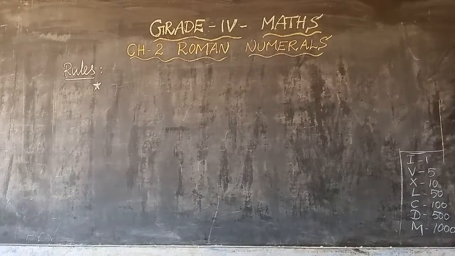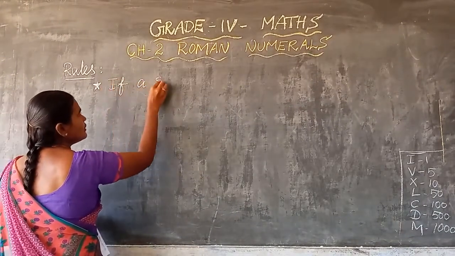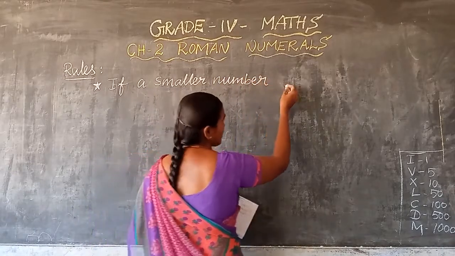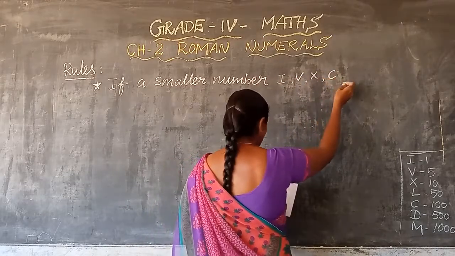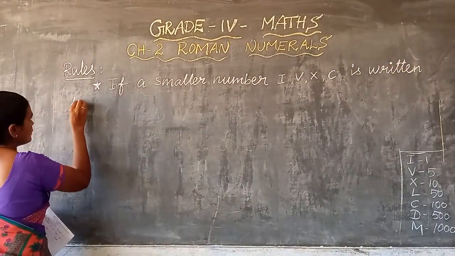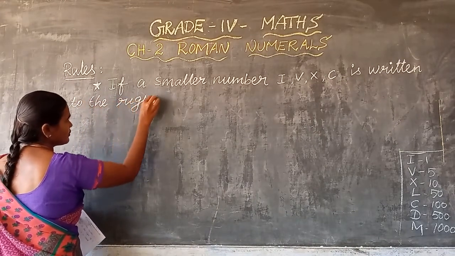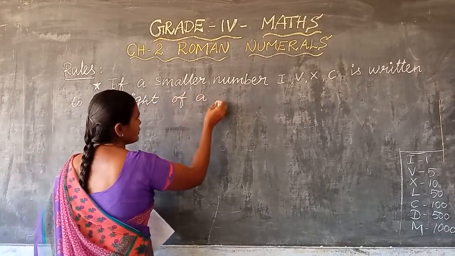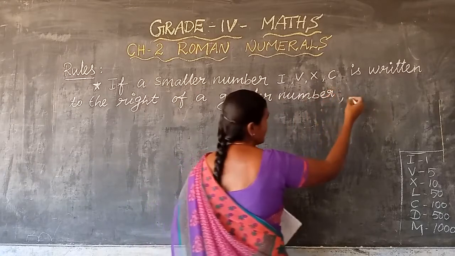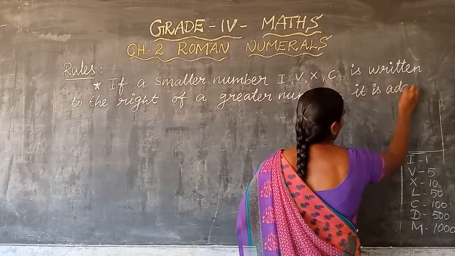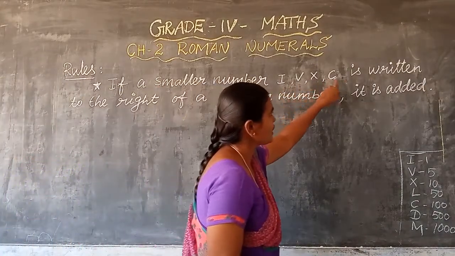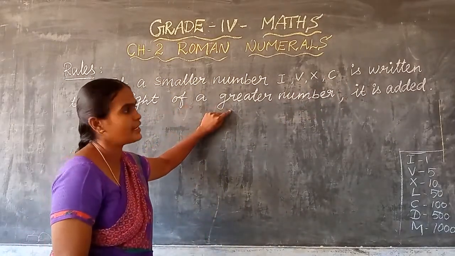So next rule. If a smaller number I, V, X, C is written to the right of a greater number, it is added.